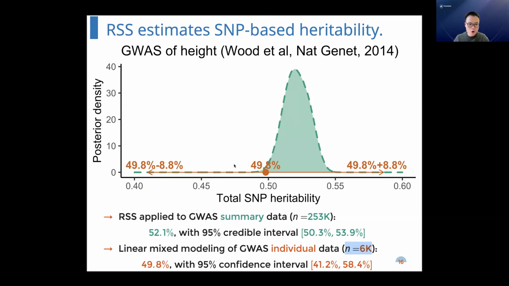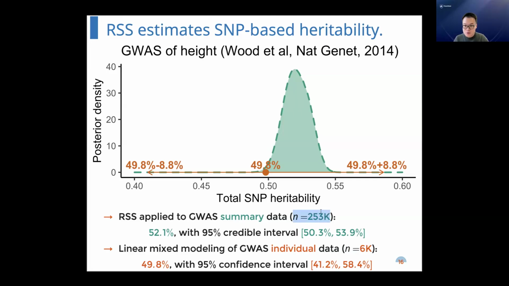You can see the orange interval is very stretched out, whereas the green curve is more concentrated in the middle. This is not surprising at all because when we apply the linear mixed modeling approach to build this 95% confidence interval, we only leverage the information from 6,000 individuals. However, when we apply the RSS approach to summary data, we can leverage a much larger underlying sample size, as large as 250,000.